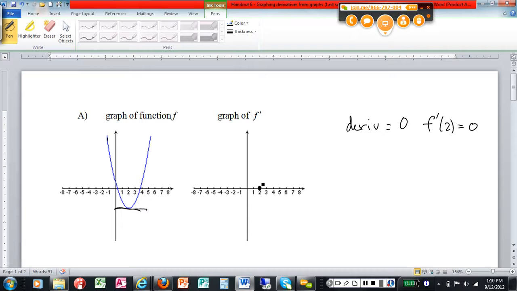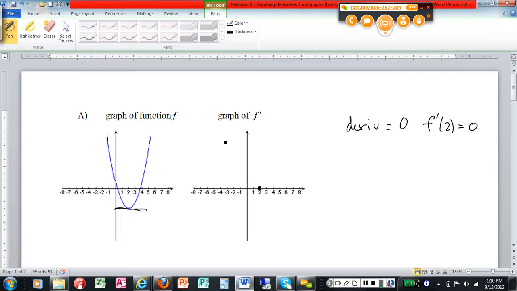On the graph of f prime, those horizontal tangents are going to be x-intercepts, because that is (2, 0), isn't it? That point right there, (2, 0), is saying at 2 the derivative is 0, because the graph on the right is the graph of f prime.